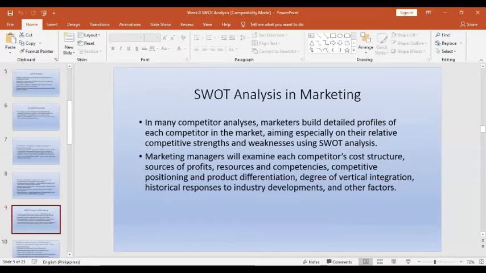Okay, so what is SWOT analysis in marketing? In marketing, we can also use the SWOT analysis to analyze the competition, the competitor, and even the status of the products.